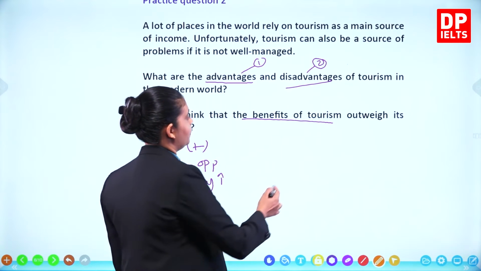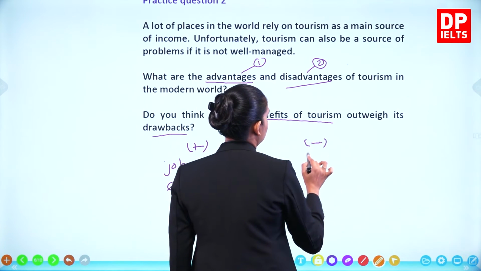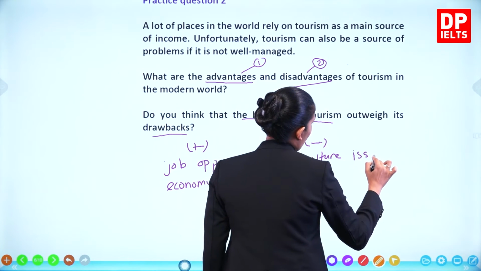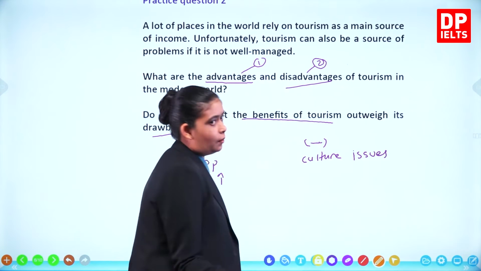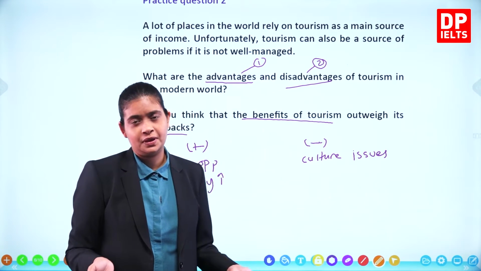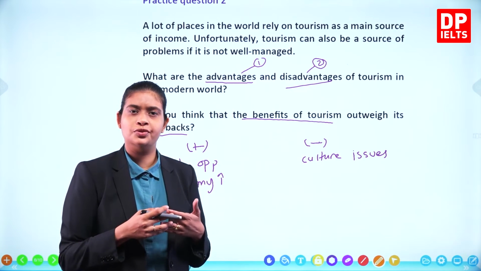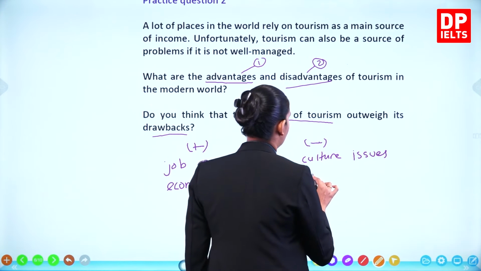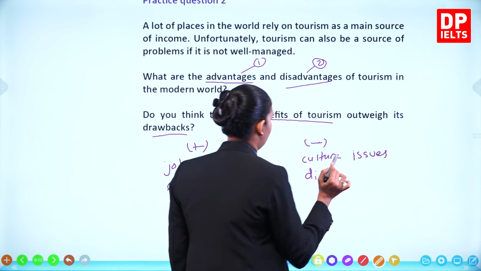Now, what are the drawbacks? There could be cultural issues because of mixed marriages. When tourists come in, you start dating each other, and then sometimes it ends up in a marriage. Then there are cultural issues and problems that happen, right? And then obviously the diseases that come in, okay?